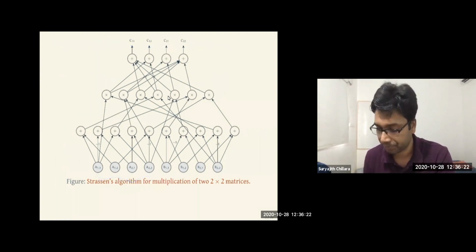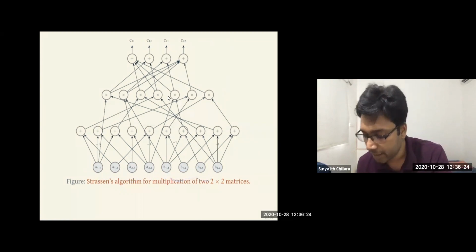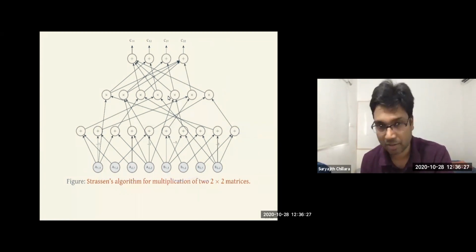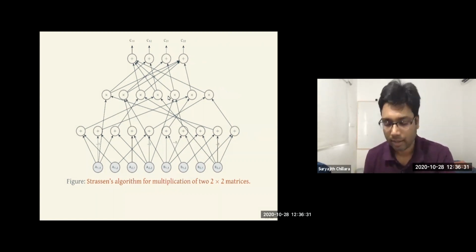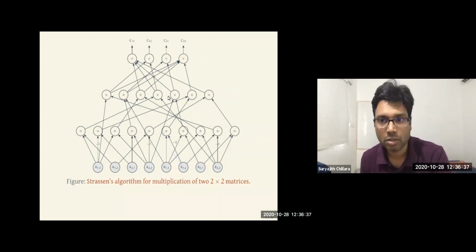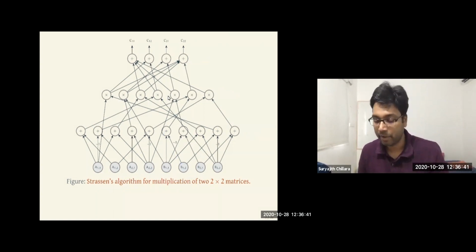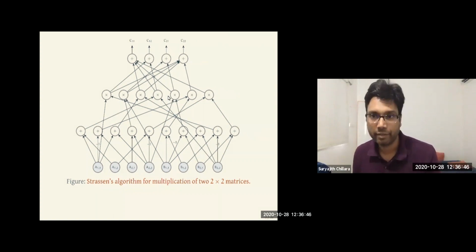These are variables. The intermediate nodes are additions, multiplications, and additions again. This is a layered structure. Further, these edges take some constants. Here the constant is -1. And this is representing Strassen's 2 cross 2 multiplication as a directed acyclic graph.